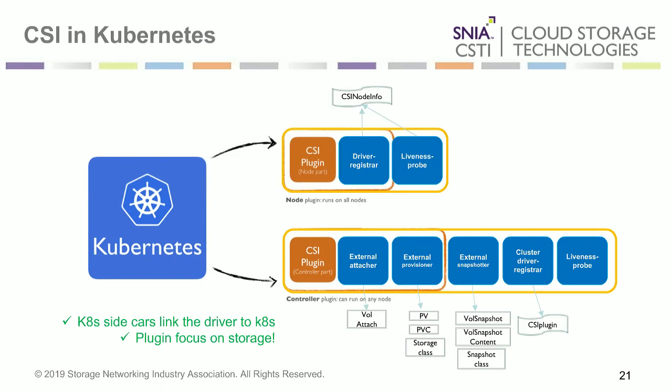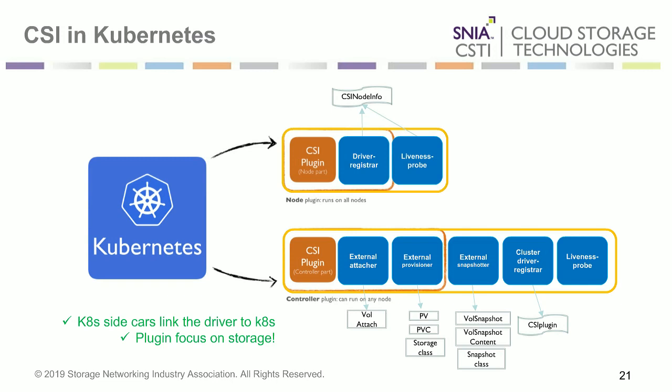You write your driver to do storage operations, and for anything that doesn't really interact with the storage, there are sidecars to do that. At the bottom we have a controller, and at the top we have a node. The controller is the one that's going to do all the operations around create, etc. And it has sidecars it's going to attach to.